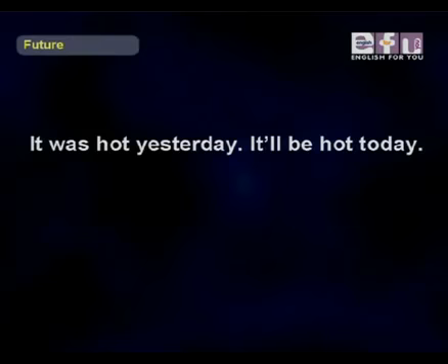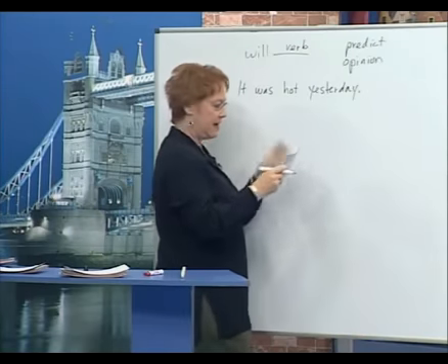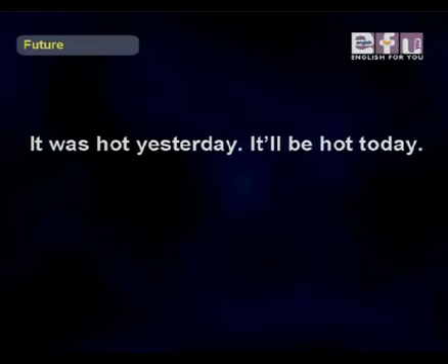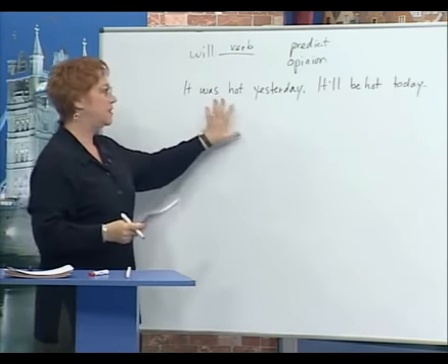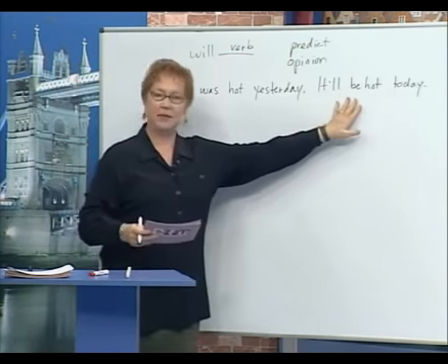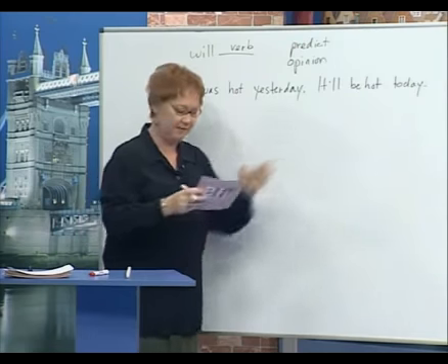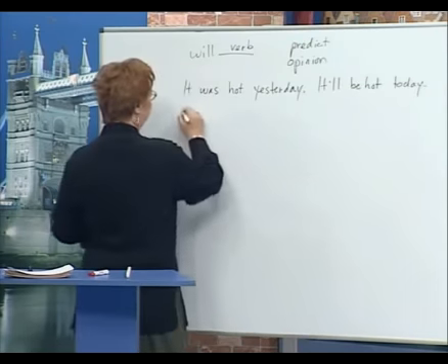So for example, it was hot yesterday. It was hot yesterday, fact. It'll be hot today. This is my prediction, my opinion. It was hot yesterday. It'll be hot today. Okay? Another example.